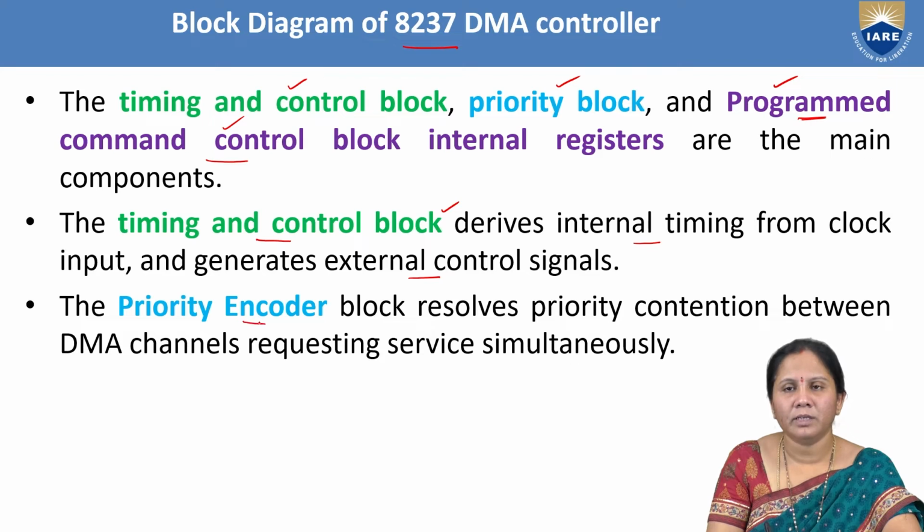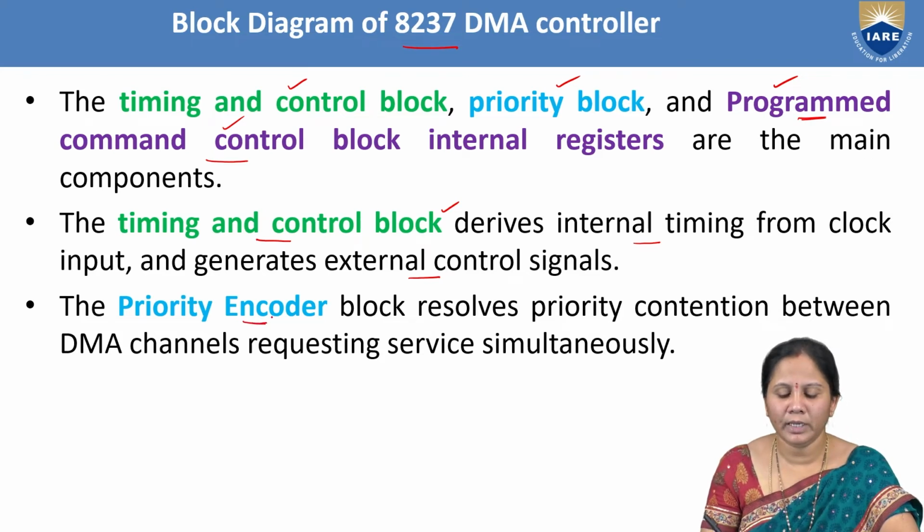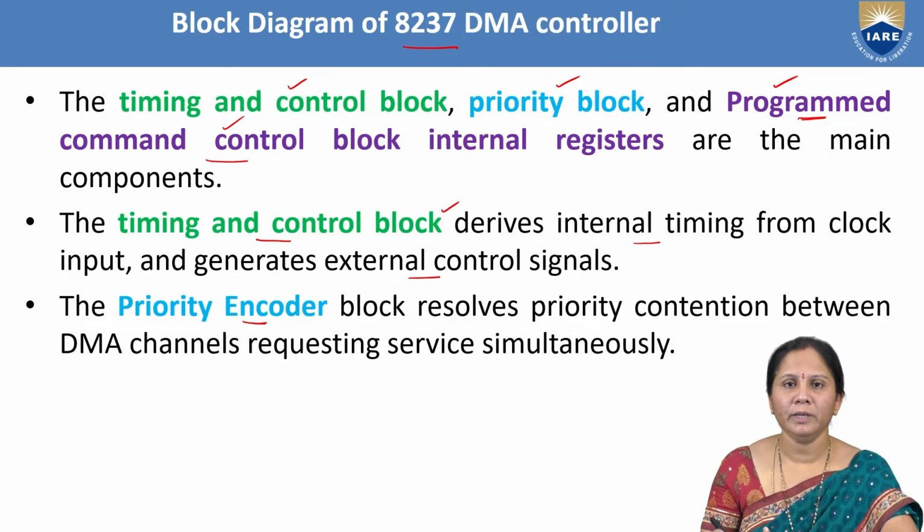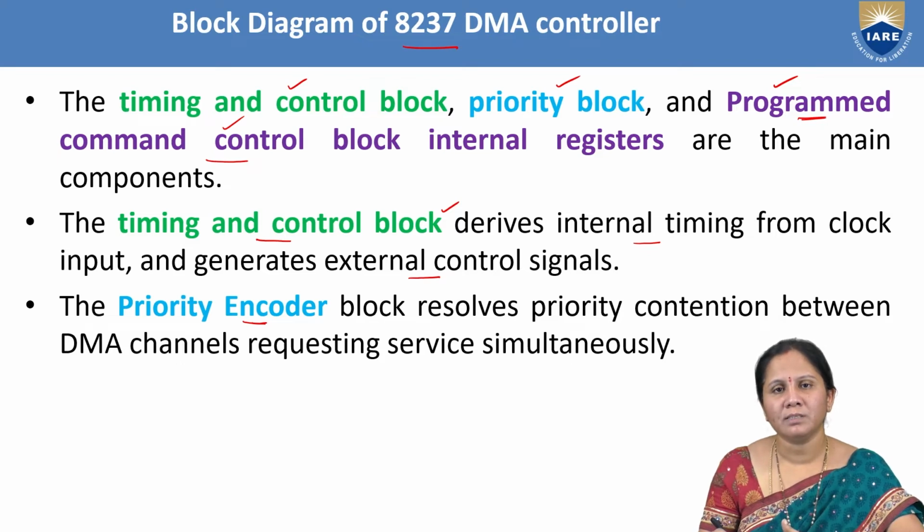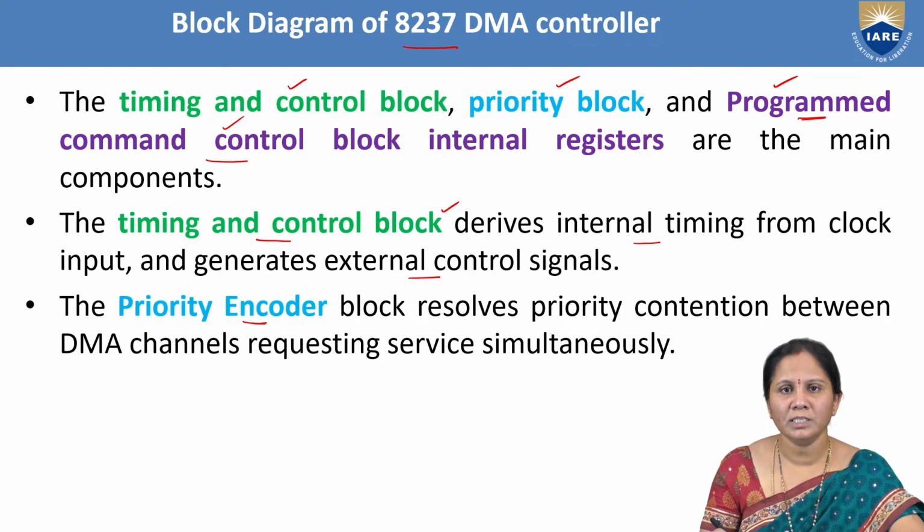The function of the priority encoder block is to resolve priority problems, because the 8237 DMA controller also has 4 channels available. If the IO devices connected to all 4 channels want to transfer data, all of them will send requests to the DMA controller at a time.